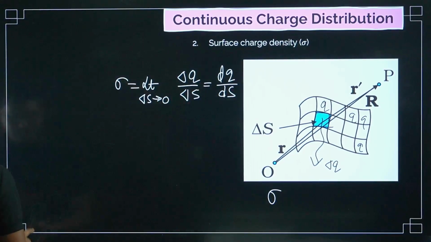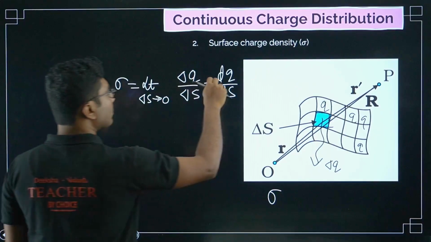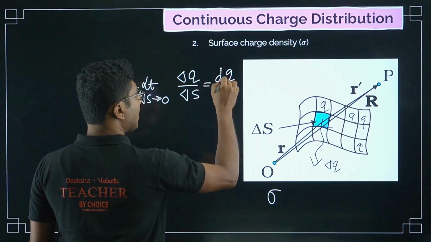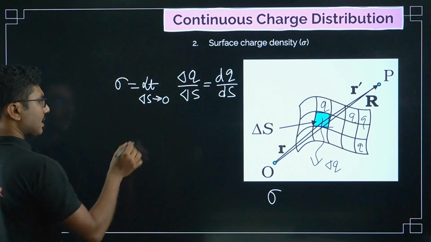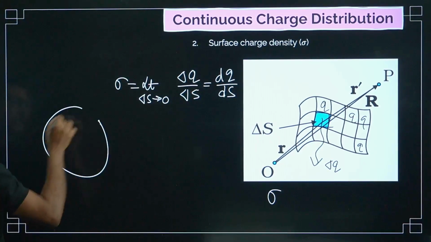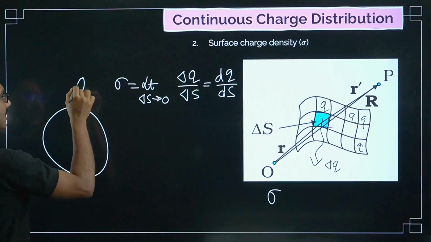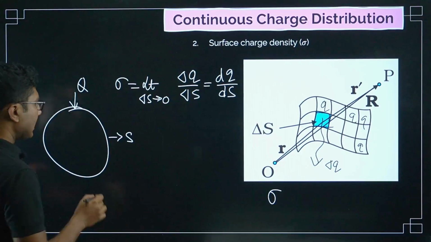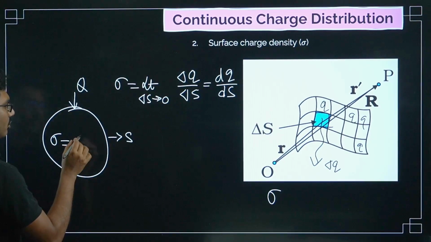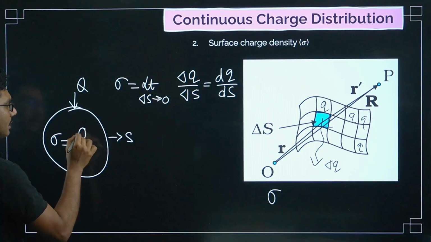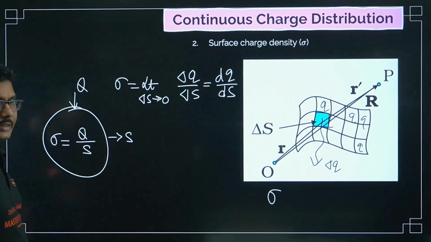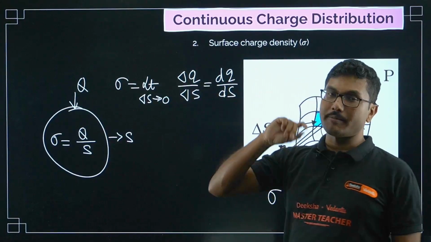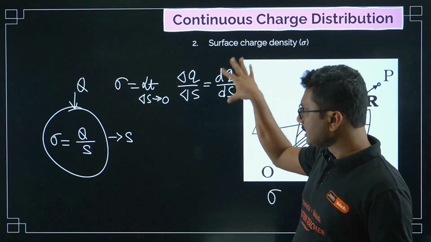Okay, if it is a symmetrical surface, and if you know the total amount of charge, for a complete symmetrical surface, for example a spherical surface, if you apply a charge Q and you know the total surface area S, then the surface charge density can also be calculated by total charge divided by S. Okay, this is also a possibility. So don't always think this is about small charge, even though yes, this is small charge.